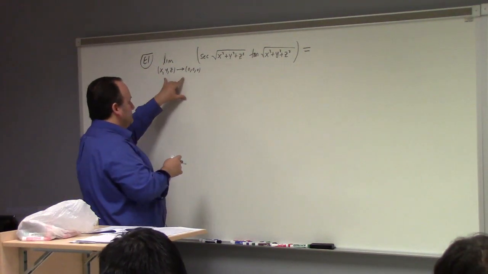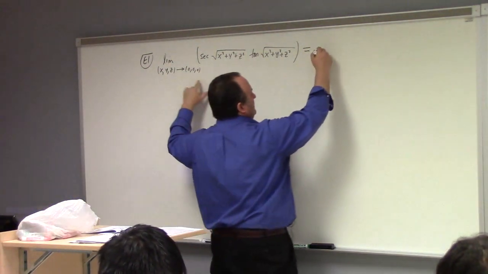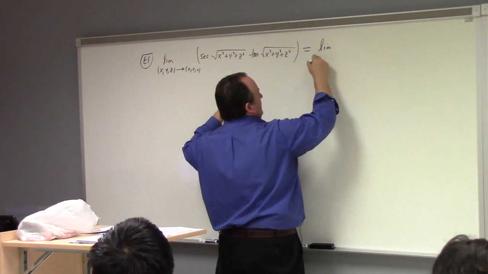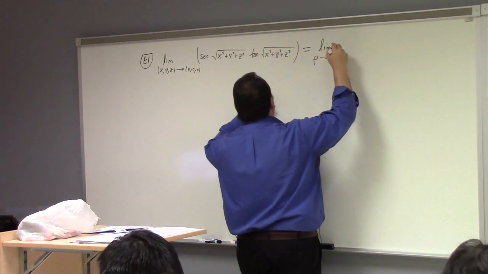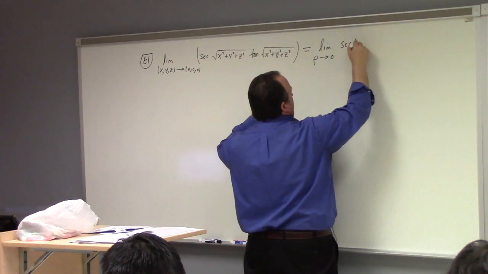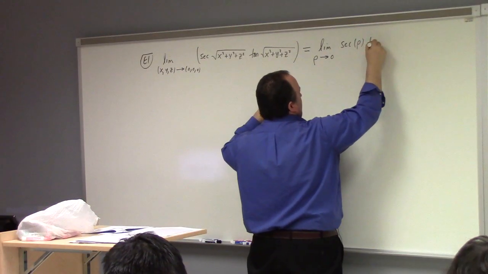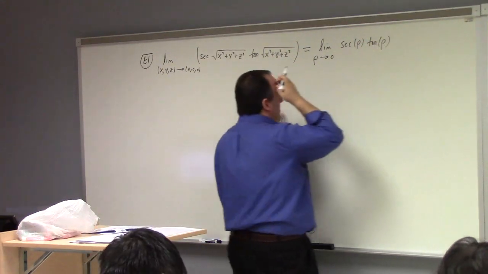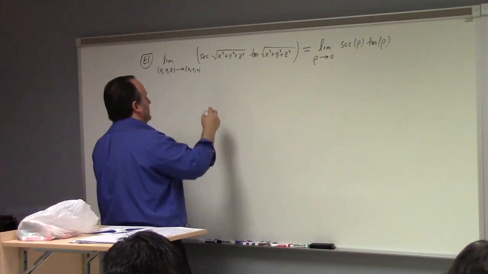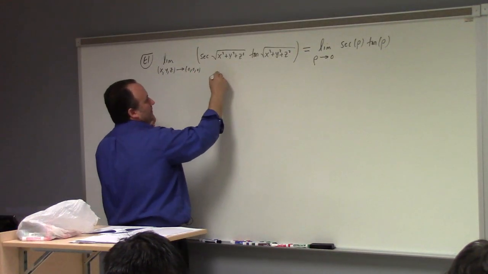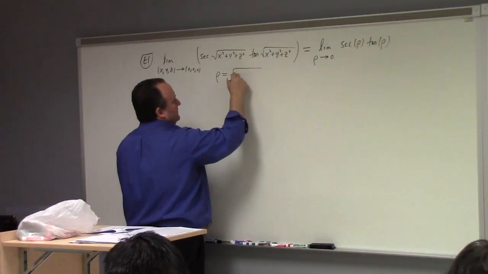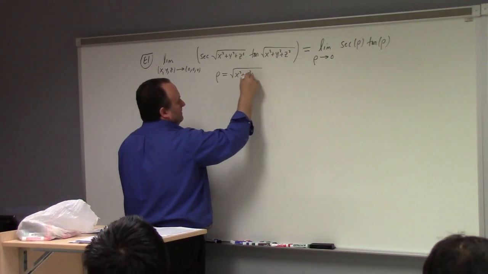So if you think about this, we can replace this with a limit as rho goes to 0 of the secant of rho times the tangent of rho. Now here, remember rho is the square root of x squared plus y squared plus z squared. It's a spherical radius, yeah?